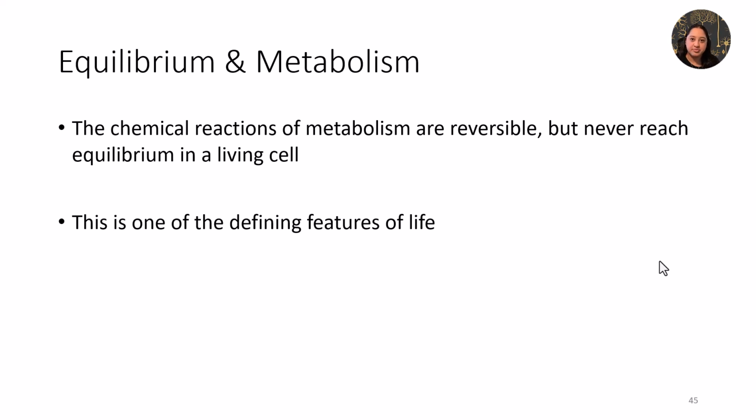So it wouldn't be a closed system. And this wouldn't happen. If something reaches equilibrium, it's basically dead. So yeah, chemical reactions of metabolism are reversible but never reach equilibrium. This is one of the defining features of life.